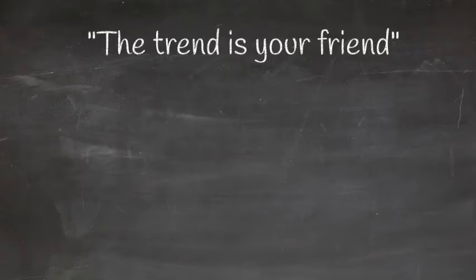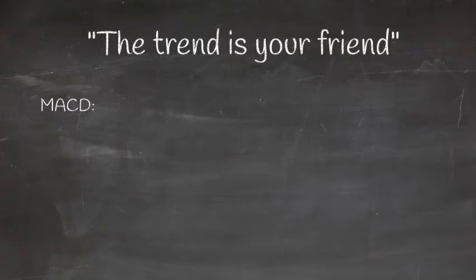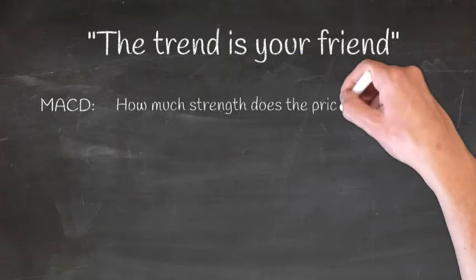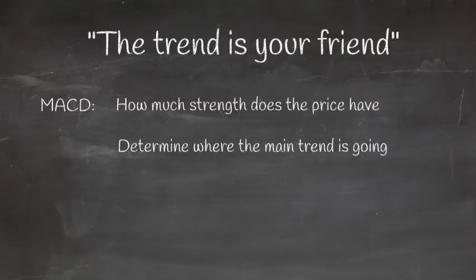Say that you're trading with the daily chart, you go up to the weekly, and then you use this indicator called MACD, moving average convergence divergence. What the MACD does is, it's an oscillator and it measures the strength of the price, but it also tells you exactly where the main trend is going, okay?